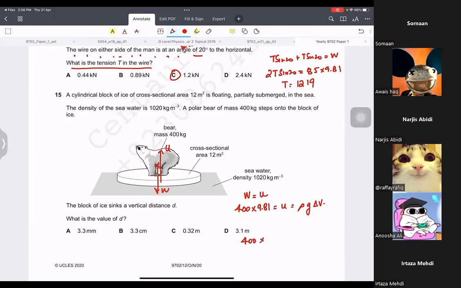400 times 9.81, density of water is this times 9.81, and this is area times delta H. Now area I think is also given, that is 12.